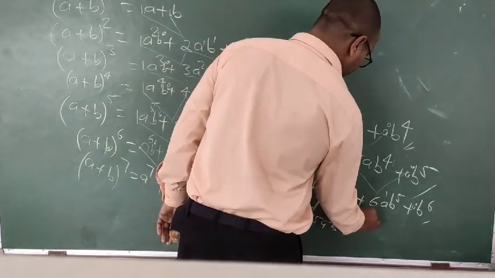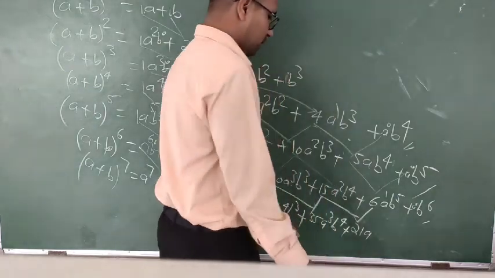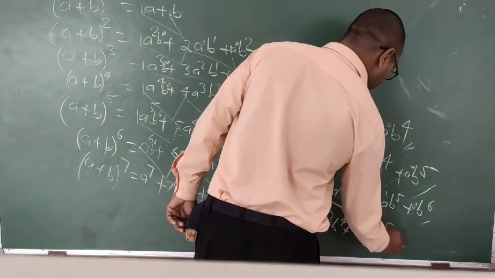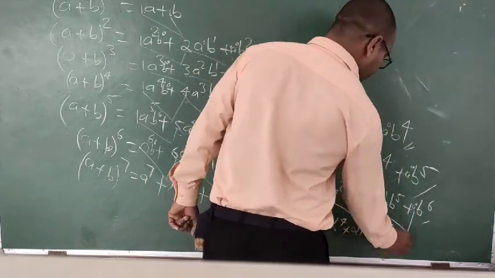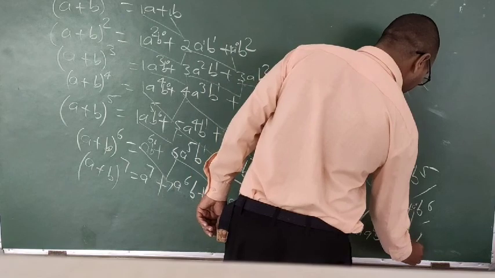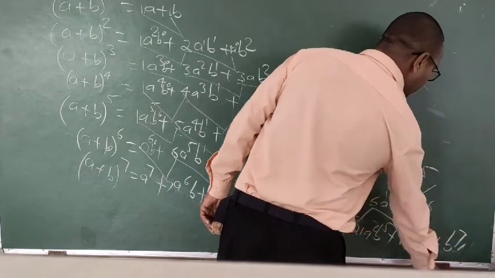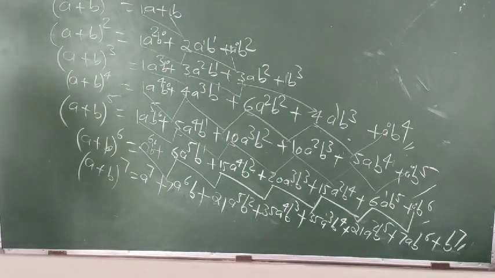Plus, again 15 plus 6, 21. a to the power 2, b to the power 5. Plus, again 6 plus 1, 7, a b to the power 6. Plus at last b to the power 7. So this much is the expansion of (a + b) to the power 7.